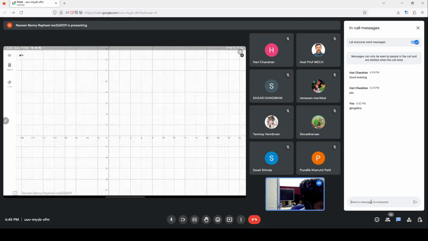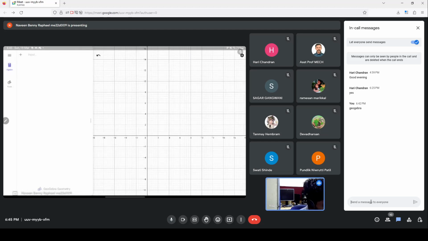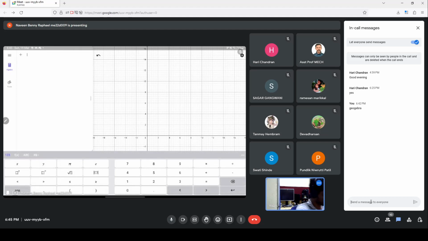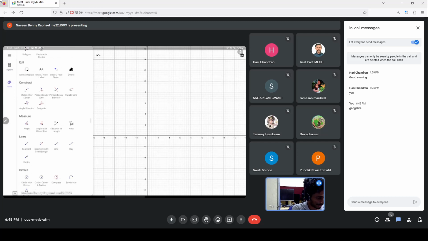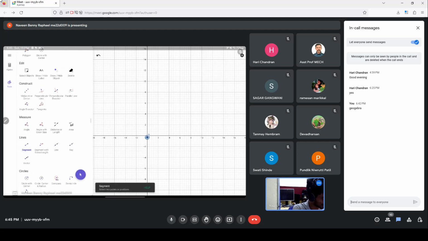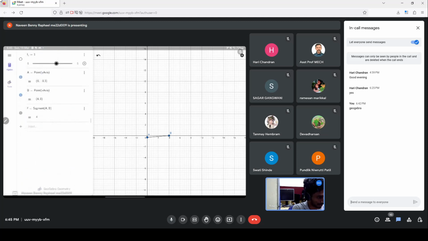So in GeoGebra, I can properly write equations. For example, I can say L, and then I can add points, and when I add points, it will tell me where the points are located.